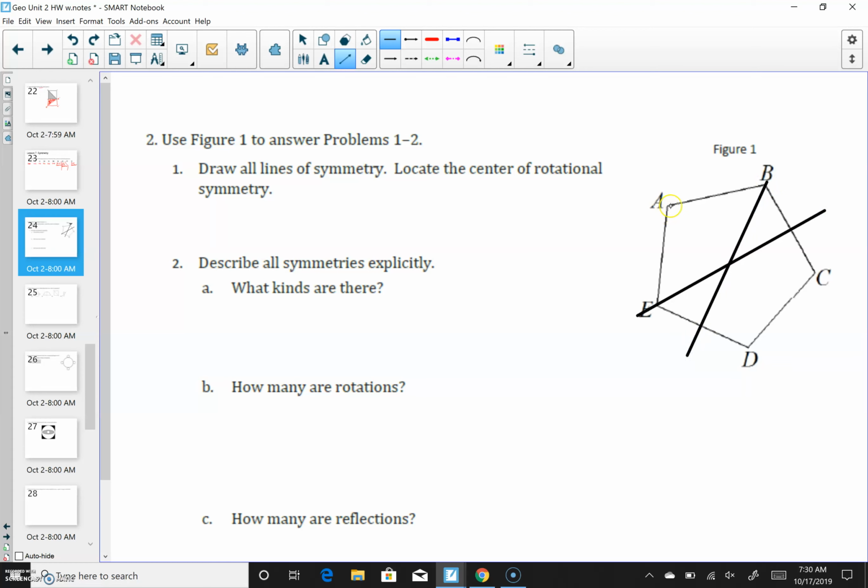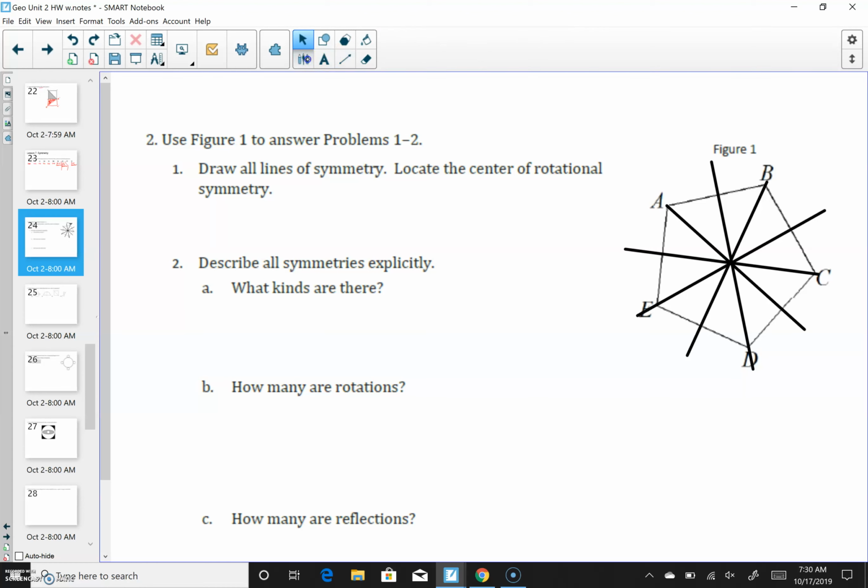I'm just guesstimating here where all of those midsegments are. Remember, 5 sides, so 5 lines of symmetry. And that's going to make our center of rotational symmetry that point where they all intersect. So there's our center of rotation.